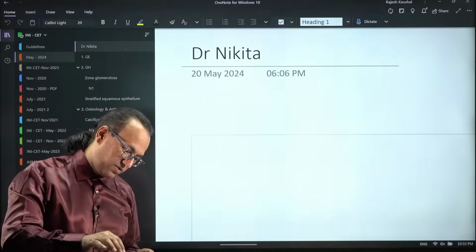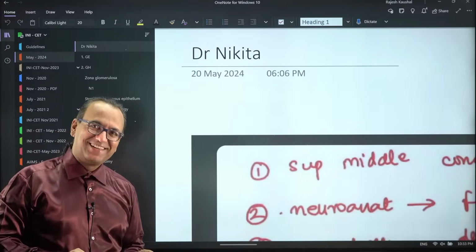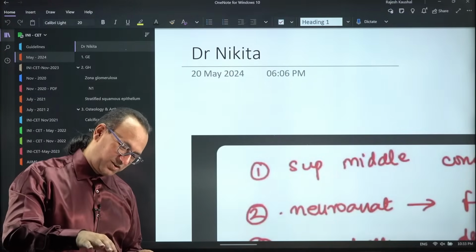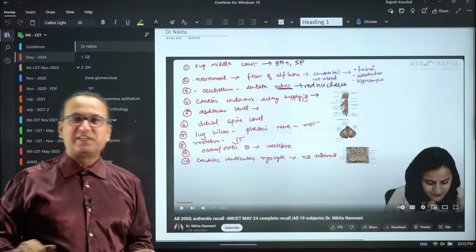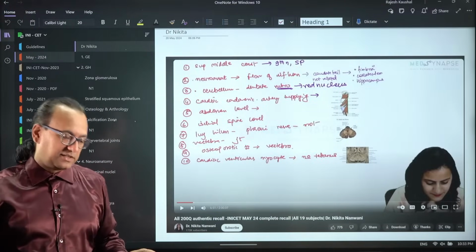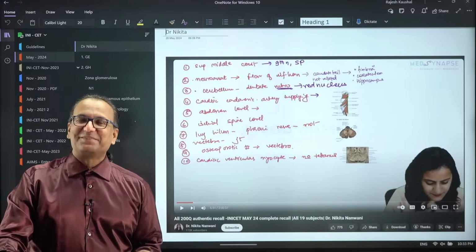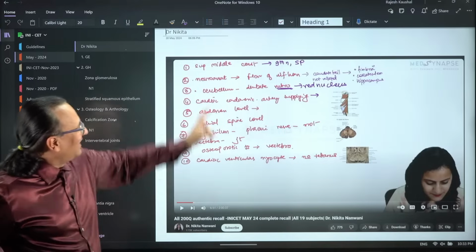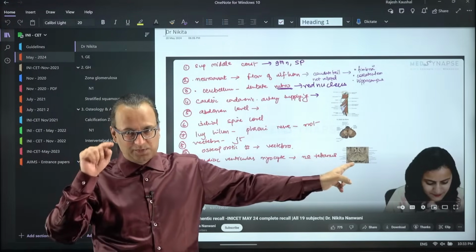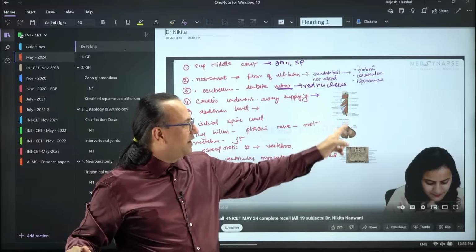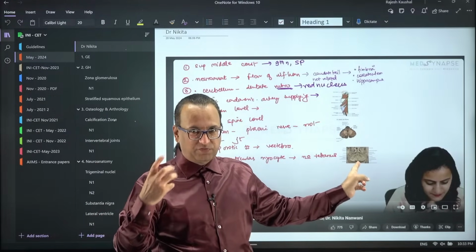Yeah, very good. Dr. Nikita. Dr. Nikita was teaching this. And what I do is, I watch all the faculty, what they are doing, what they are teaching, and I learn from them also. You ask me a question about the cerebellum and this midbrain, I borrowed the information from Dr. Nikita.